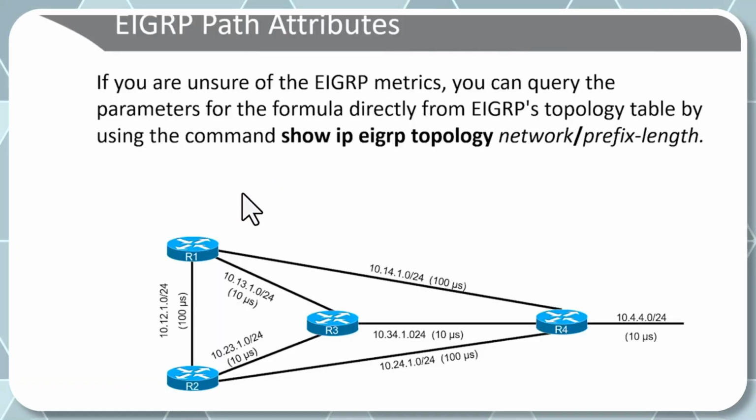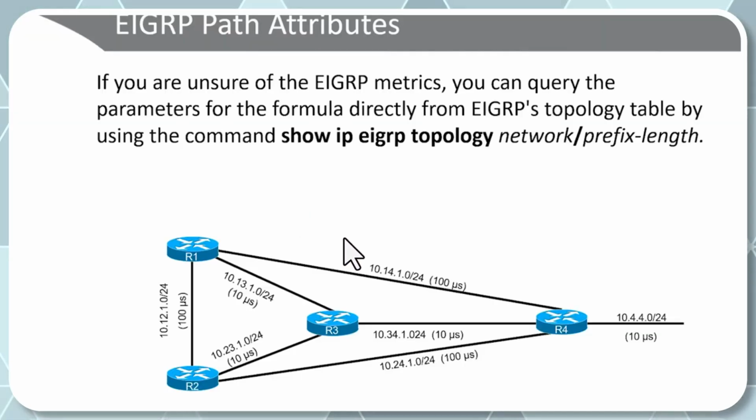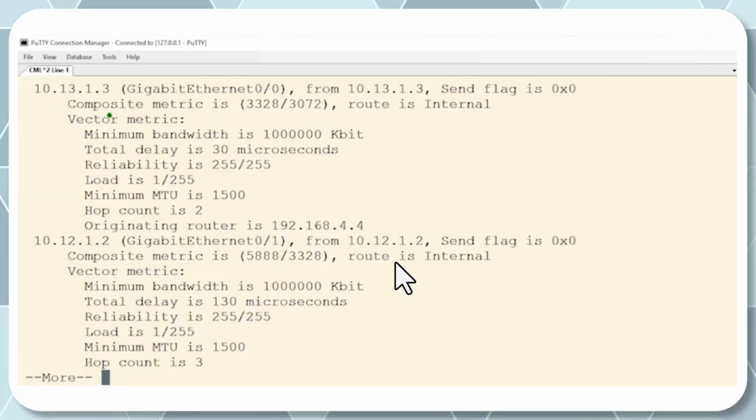So if we are starting from here and we want to reach R4, what is actually happening has been shown here. From 10.13.1.3, send flag is 0 cross 0.